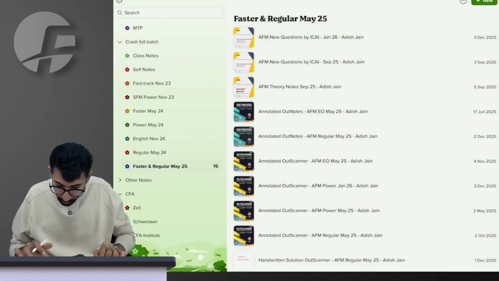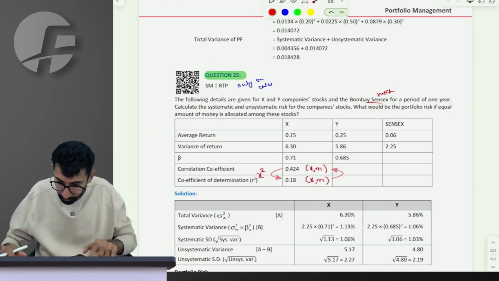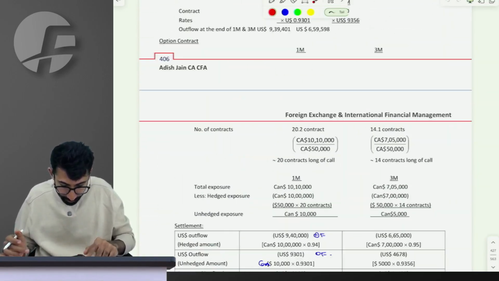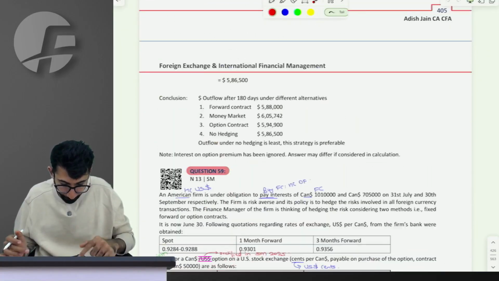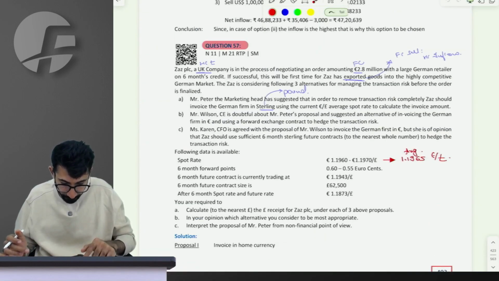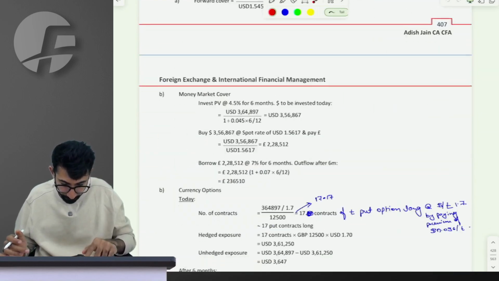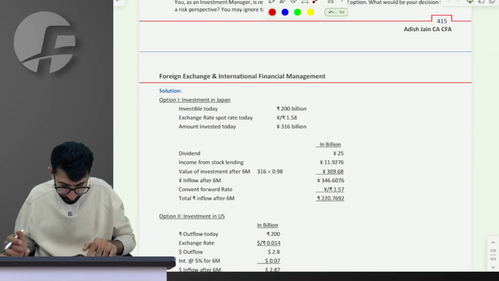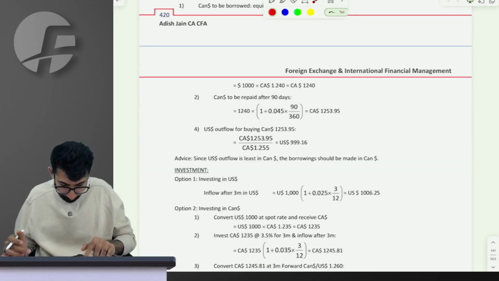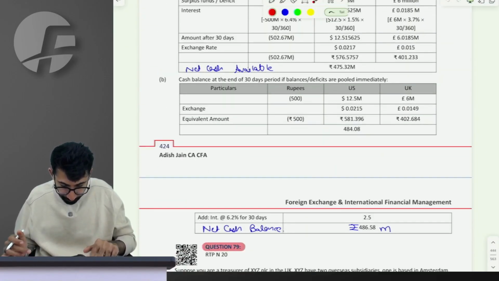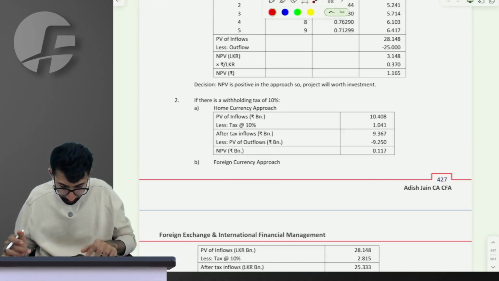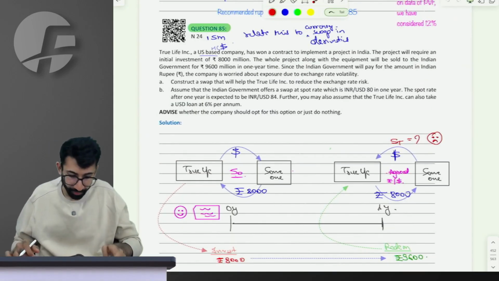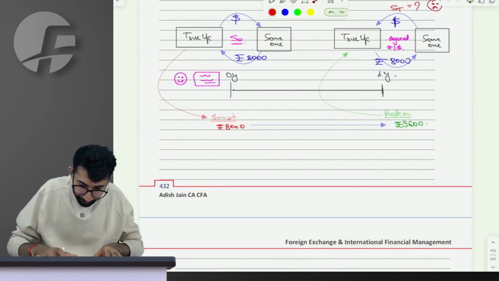When I go to the out scanner, where do I find this particular question in the chapter of forex? Cool. It is the 85th question of our out scanner.